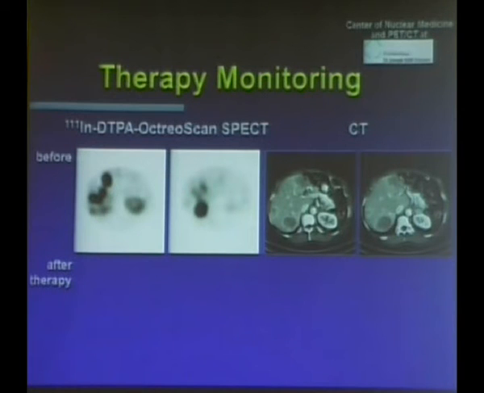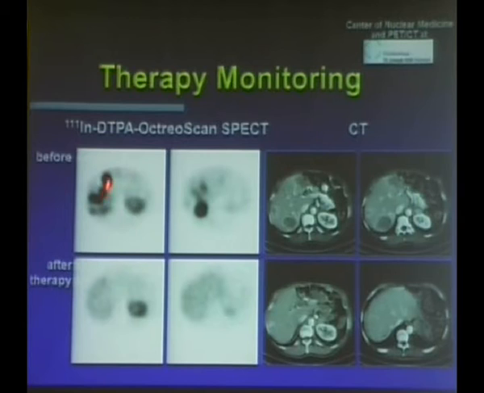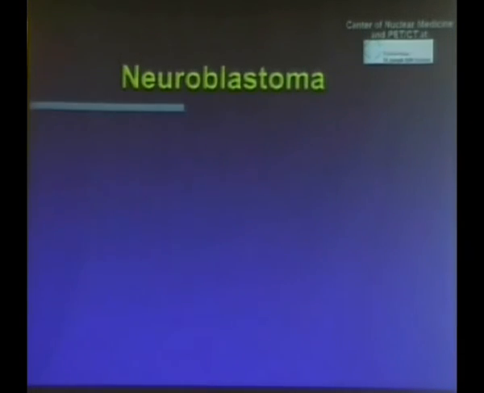This patient underwent radiopeptide therapy, and you can clearly see that in this part where before the therapy we found a lot of active metastases, we cannot see any vital metastasis anymore. In the CT scans you can see some rests, some tumor rests, but they are not vital, so you can say this was a successful therapeutic regimen. So therapy monitoring you can perform by this method also.